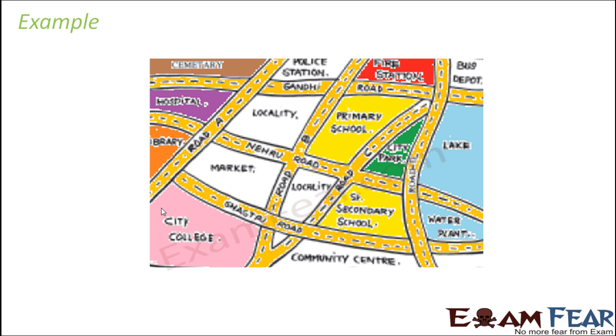In looking at a map, you can very easily find out the route between two places. For example, if I ask you what would be the shortest route from the library to the bus depot? Where is the library? The library is here. And where is the bus depot? The bus depot is here. So which would be the shortest route? So this is where the map helps. Looking at the map, you can actually find out the shortest route between two places, the longest route between two places.